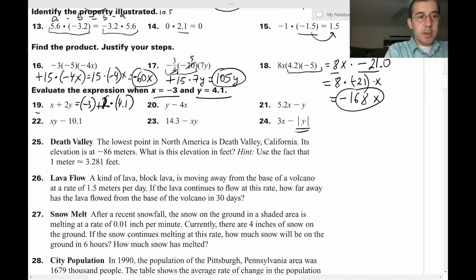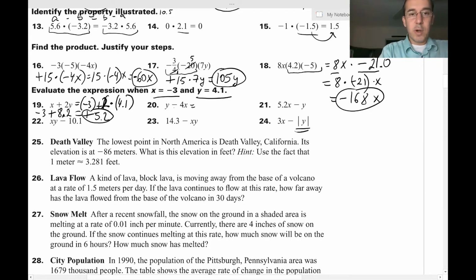Or this is minus 3 plus 2 times 4.1, which is 8.2. And now which one is greater, 8 or 3? 8 is greater, so plus. 8.2 minus 3 is 5.2. So plus 5.2 is the answer for 19.